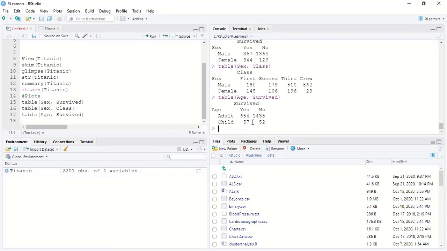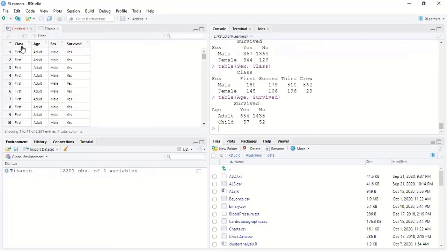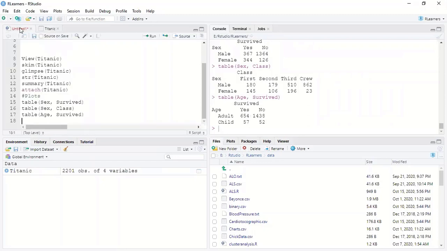And children, 57 survived, 52 did not survive. So children were few, about 109. That shows you the differences. What else can we look at? Class and what?